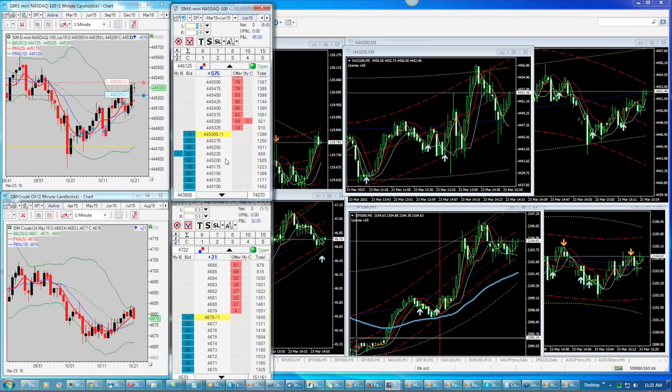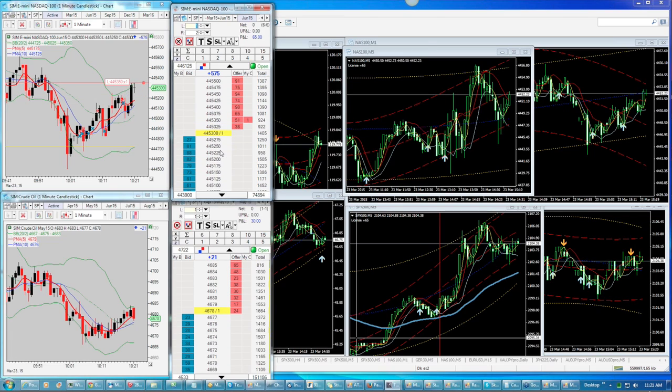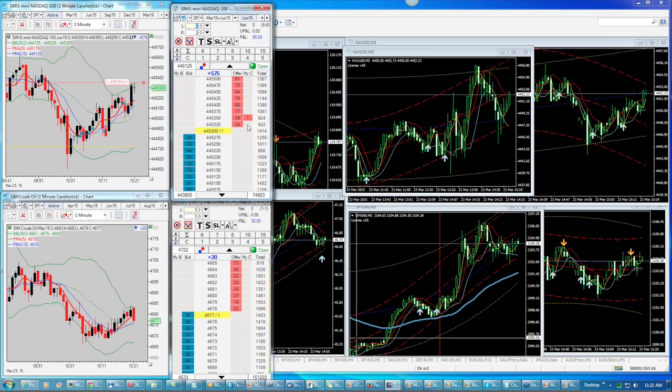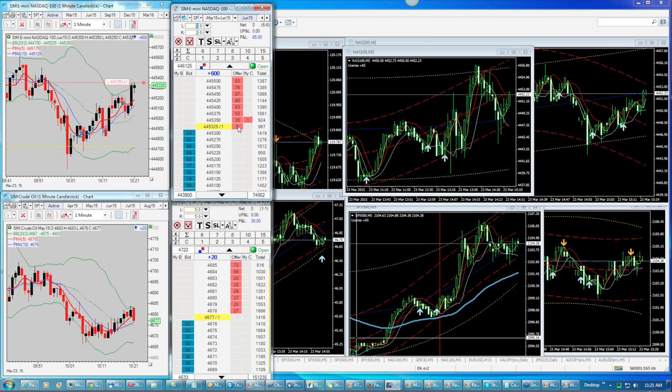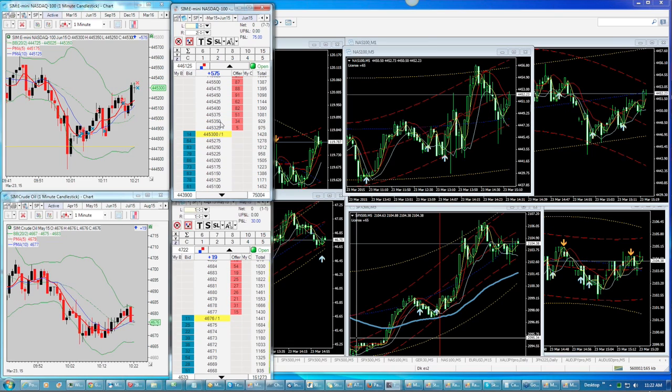Now I want to sell it more than buy it, but nope. Another push here. It should get filled. And there's another 2 ticks.